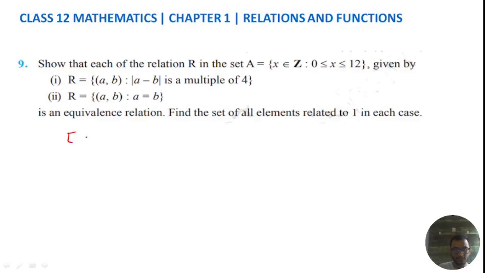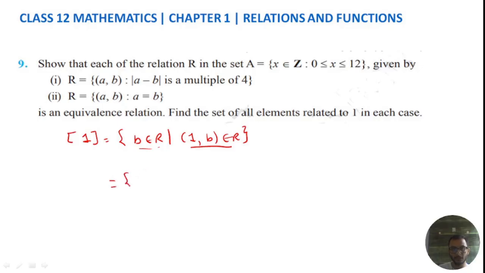That means the equivalence class of 1 will have all b such that 1 and b are related. This is the definition of equivalence class, which is what is written here: set of all elements related to 1. So we need to find this.